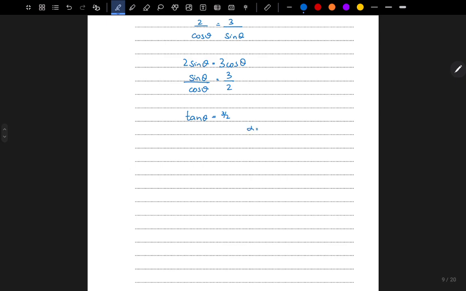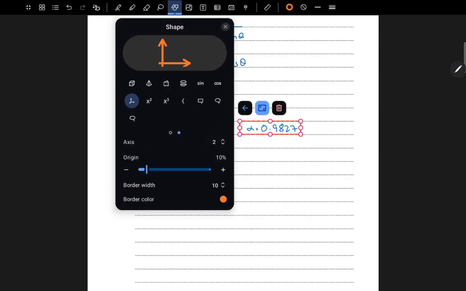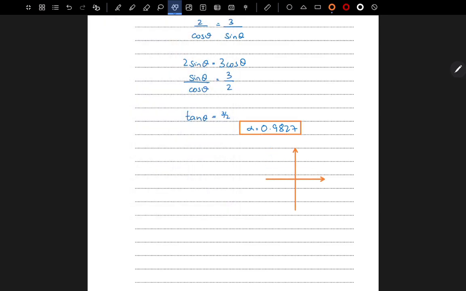the alpha value for this will be 0.9827. Now if we draw a graph, we know that tan is a positive value, so it must lie in the first quadrant and the third quadrant.